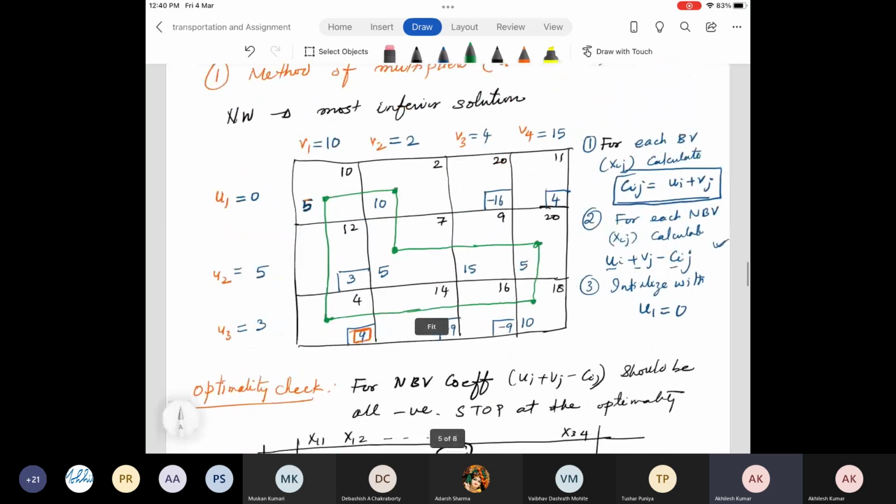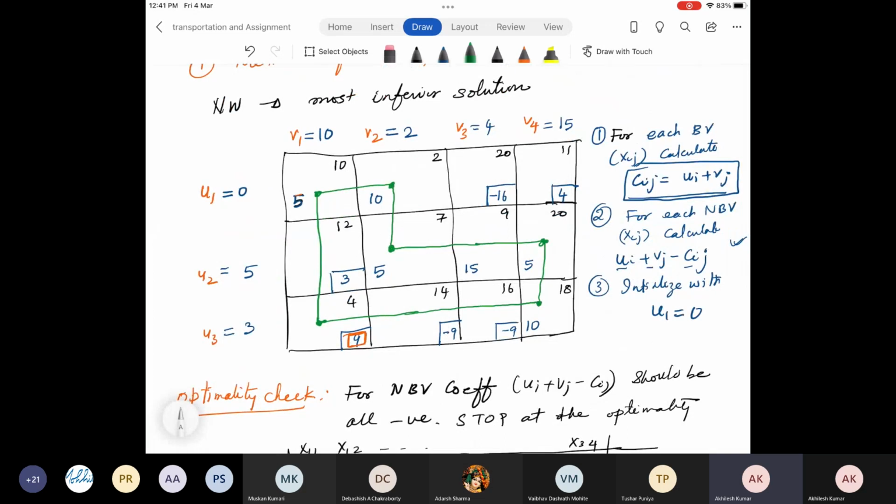It starts at the entering basic variable x31, all the corner points are basic variables, and there are only horizontal and vertical lines, no diagonals. Now check if you can create any other loop here. Is it possible? No.